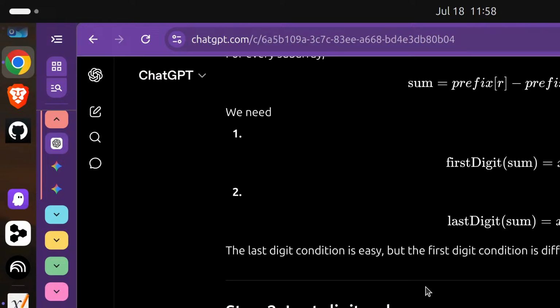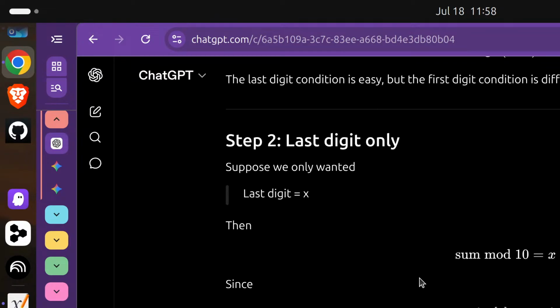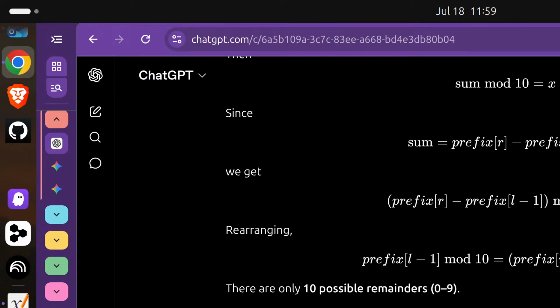Okay, the last digit only. The sum's last digit is equal to x. Since the sum is equal to prefix r minus prefix l minus 1, where we get the prefix of l minus 1.